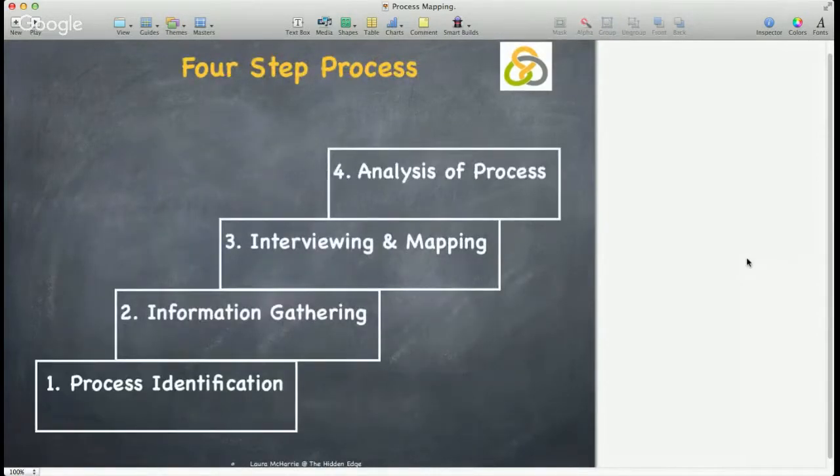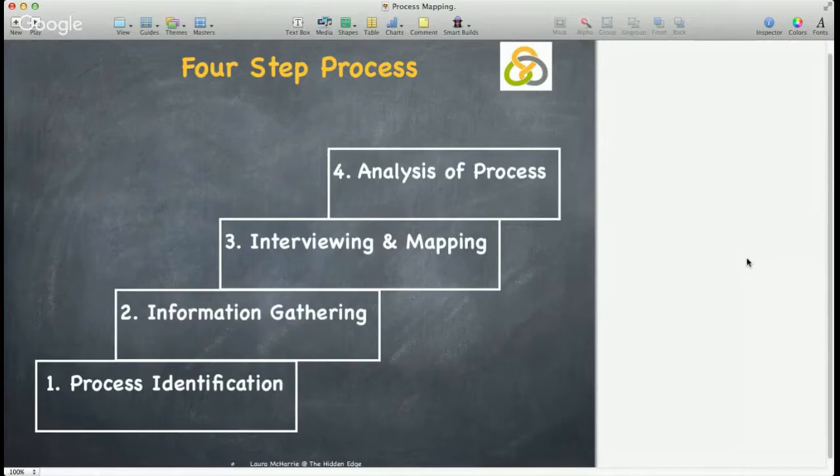There are 4 steps to the process. First of all is to identify the trigger, the process identification. What are we trying to map as part of this? We need to attain a full understanding of all the steps of a process.